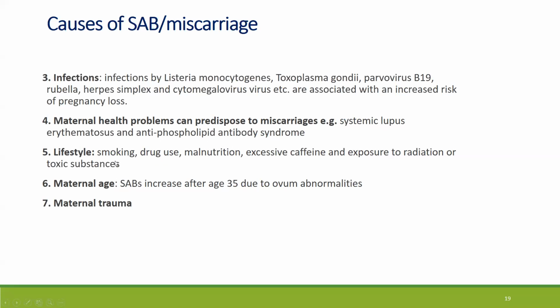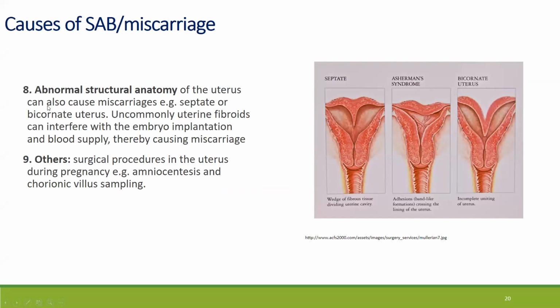Lifestyle, drug abuse, smoking, are very well-known causes of miscarriage. Maternal age, any advanced maternal age after the age of 35, is a risk factor or a cause for spontaneous abortion. Trauma, of course, any trauma to the pregnancy or the area is a cause of spontaneous abortion.